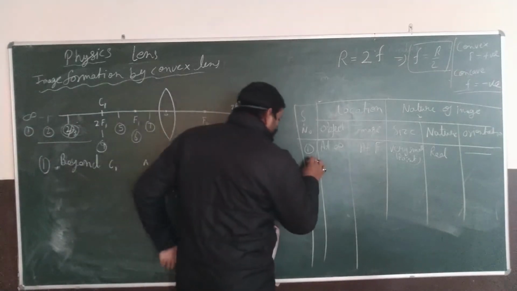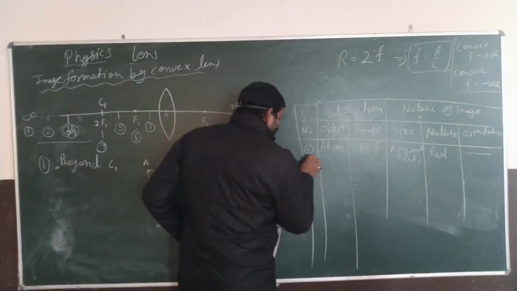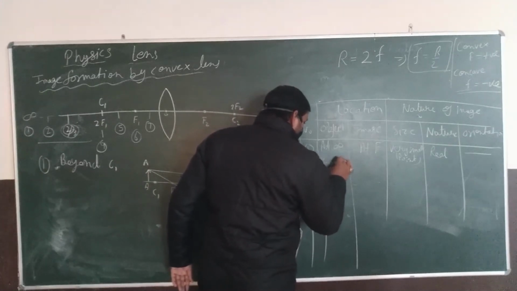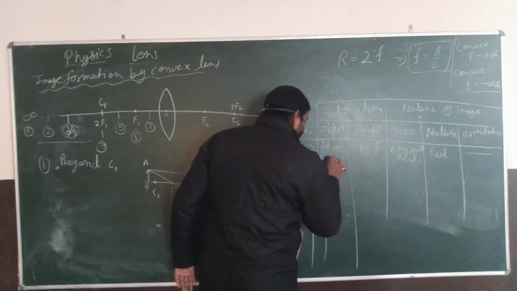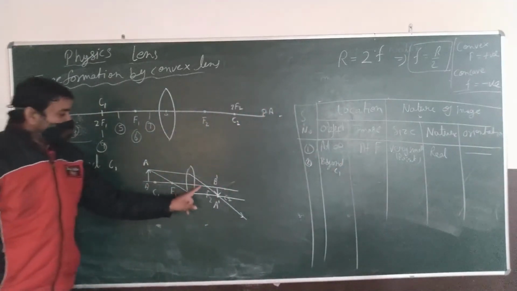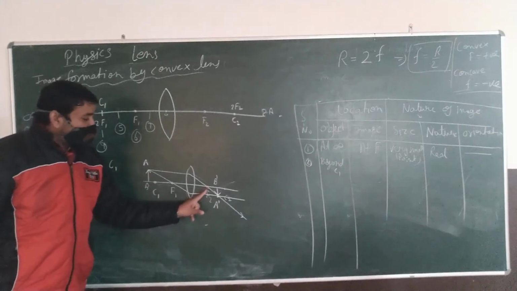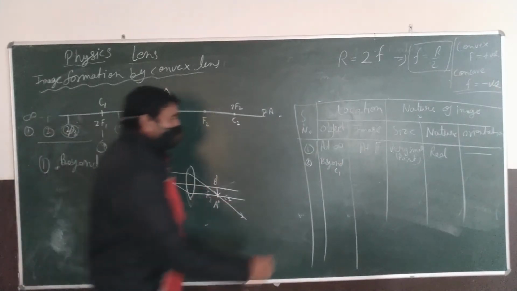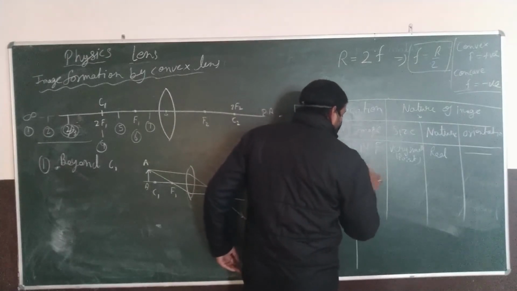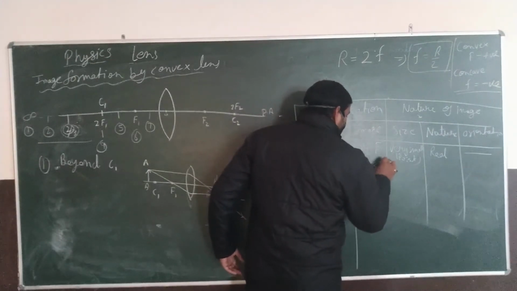Now let me explain. Second location is beyond C, beyond C1. Which kind of observation would you find? The image is formed between F2 and C2. Image location is between C2 and F2.